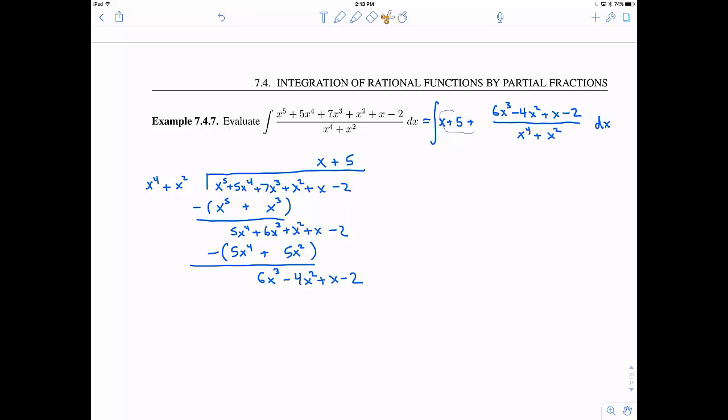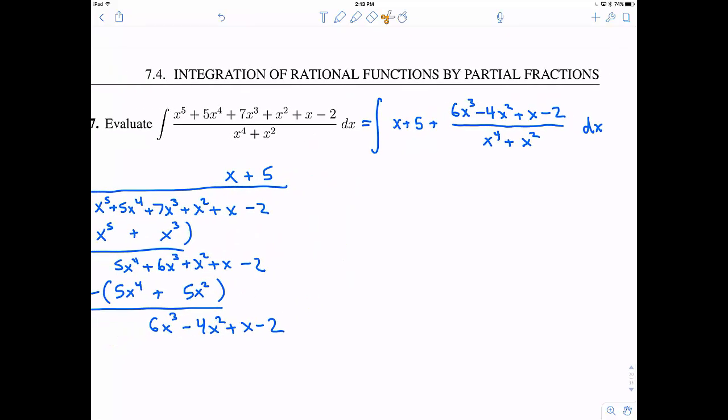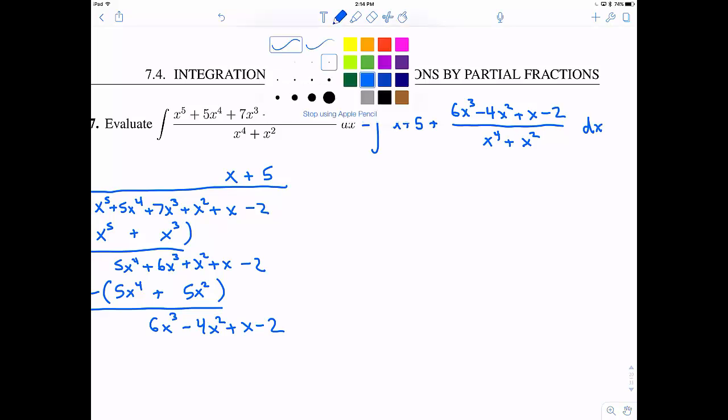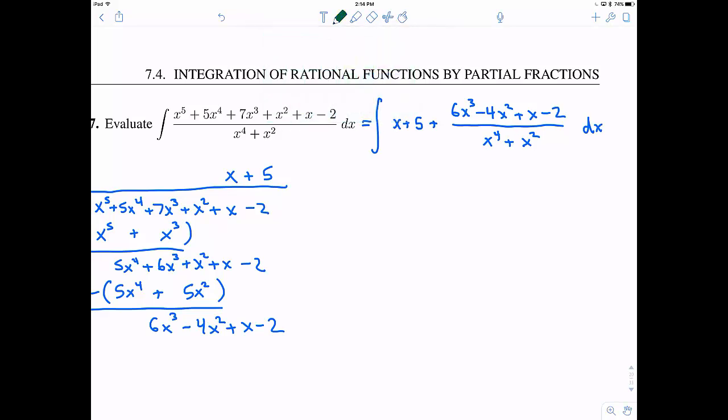Okay, so now we have our function set up, right? And the degree of the numerator is now less than the degree of the denominator. So now we can go back and do the partial fractions that we know and love. The first step of partial fractions: factor the denominator. In this case, there's an x squared in both terms.